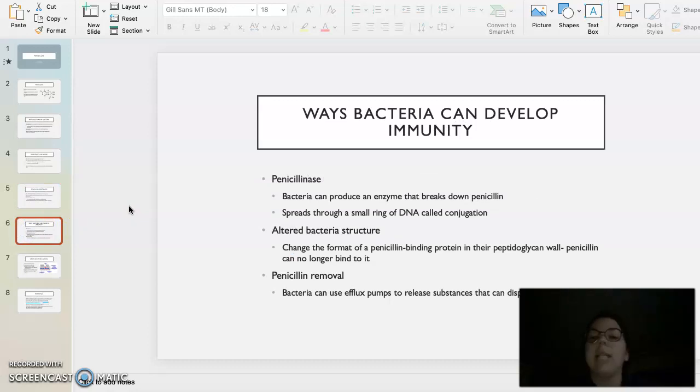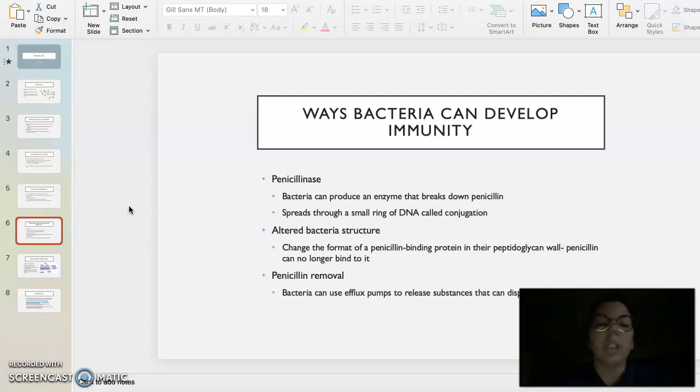Ways a bacteria can develop immunity. Penicillinase is one way, and that's when bacteria produce an enzyme that breaks down the penicillin. It spreads through a small ring of DNA called conjugation.